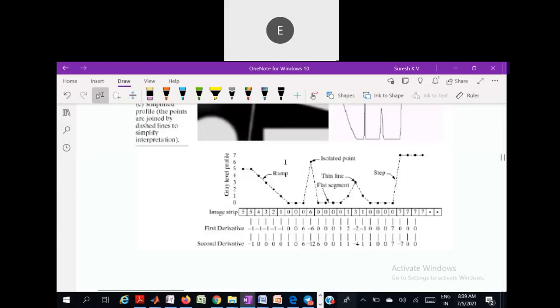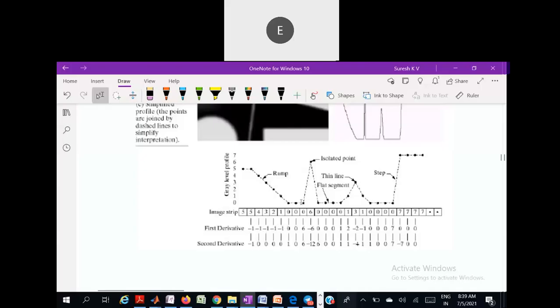Now what do you notice here? When the ramp starts, okay, the first order derivative has become non-zero, and as long as the ramp is there, the first order derivative continues to be there as the same value. Observe, from here to here all the values are same.